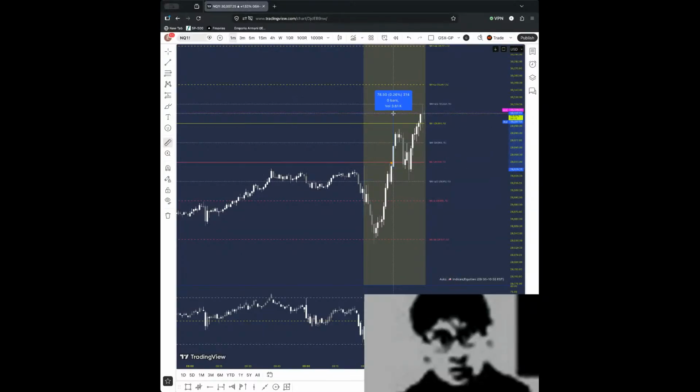QQQ honestly looks like it's just starting the beginning of a short squeeze, the way the candles are setting up. To me, last few minutes, just consolidating sideways, diagonally, compressing up.